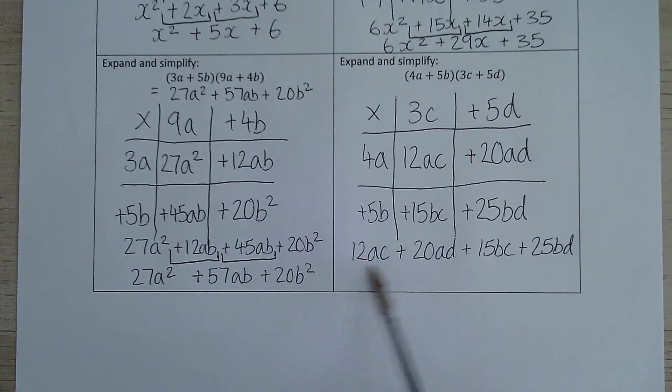Our first term here has ac, but no other term has a and c. This is very similar with 20ad, 15bc and 25bd. No 2 terms share the same 2 variables. Therefore, we cannot simplify this expression.